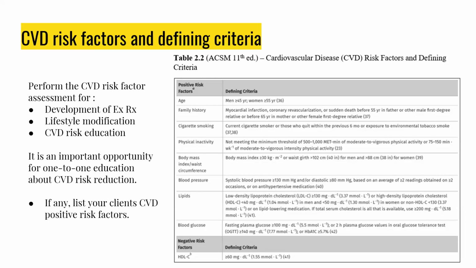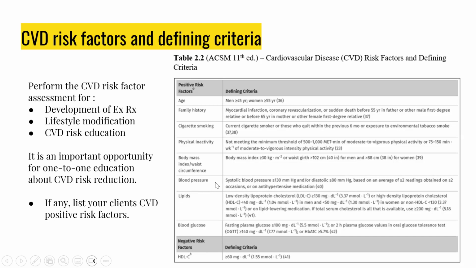And if any, list your client's cardiovascular disease positive risk factors and then negative risk factors. HDL is a negative risk factor because HDL is considered, as you might have heard before, one of your good lipoproteins, one of your good lipids. So if you have an HDL greater than 60, you can deduct one of the positive risk factors.